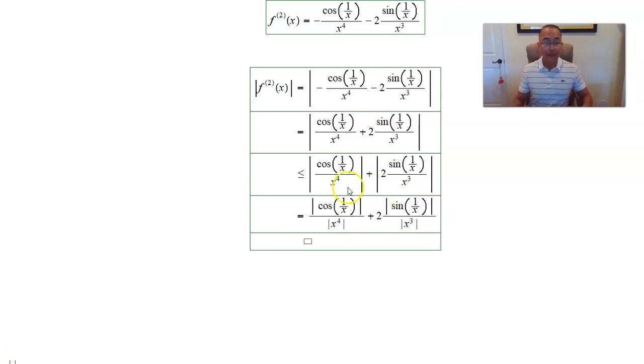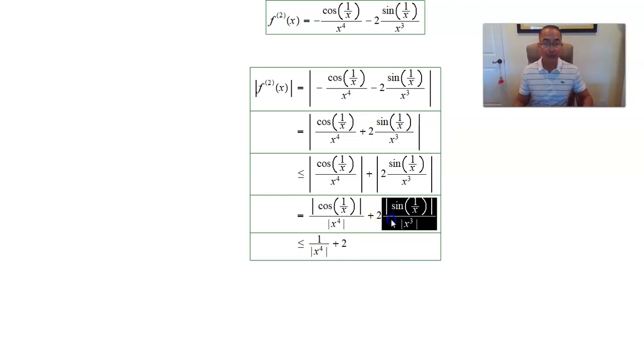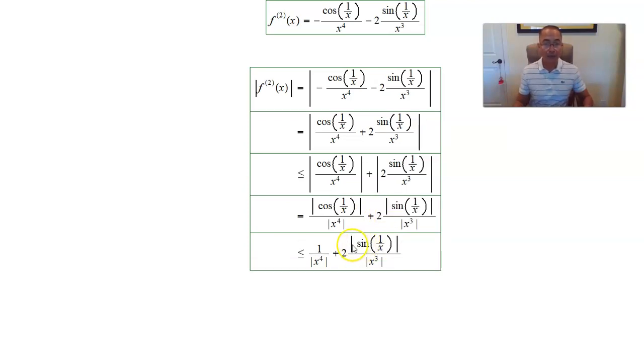So now the next step will be a less than or equal to. I can replace the numerator with 1 because cosine is at most 1. And similarly for the second, I can replace the numerator by 1.